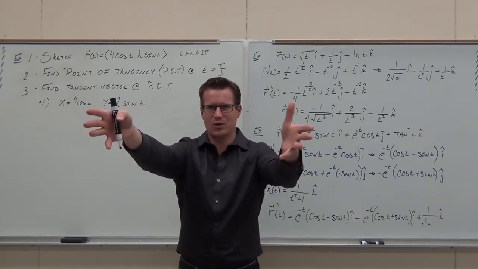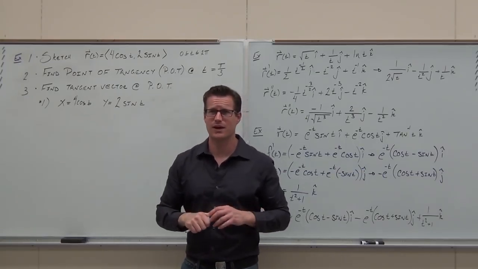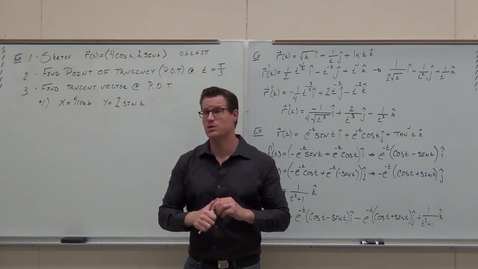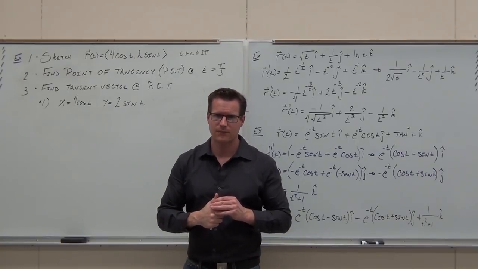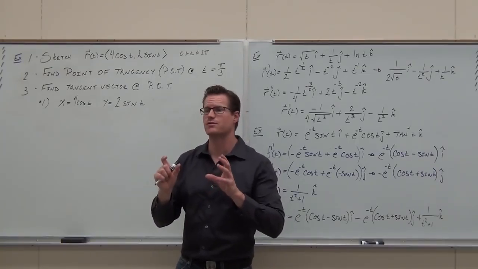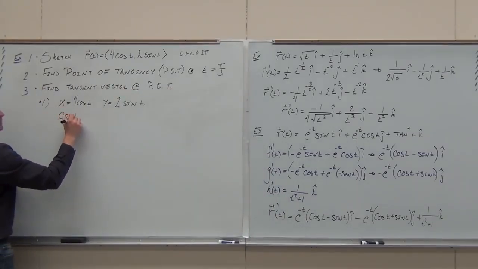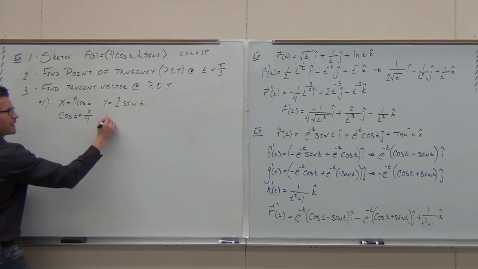Do you see anything, middle people, that's going to allow you to get rid of the t? I also gave you advice on that one. What would you do when you get this on a test? That's right. Pythagorean identity is a really good idea when you have sine and cosine raised to the first power. So we'd solve for cosine t and sine t.